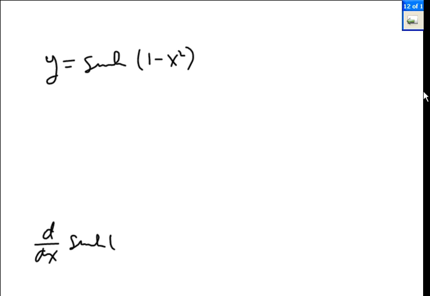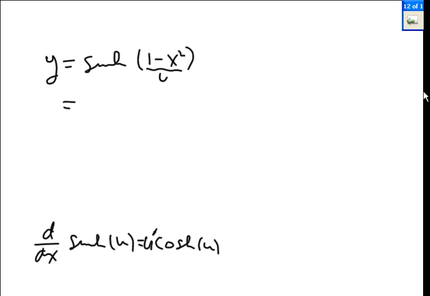Okay. Now, if you're told that y is equal to the sinh of 1 minus x squared, and you're asked to find the derivative, well, you know that the derivative of the sinh of anything is simply the cosh of the same anything times, I'll say it in front this time, the derivative of the anything.